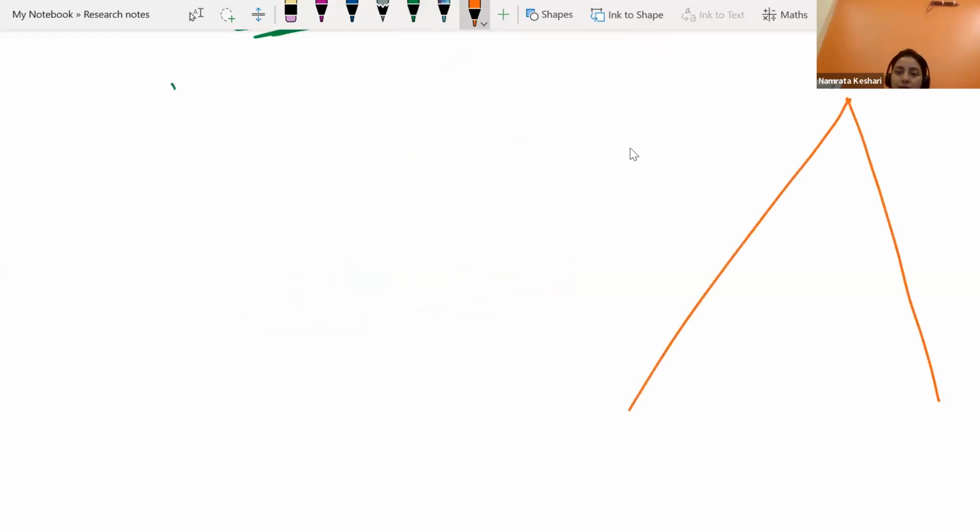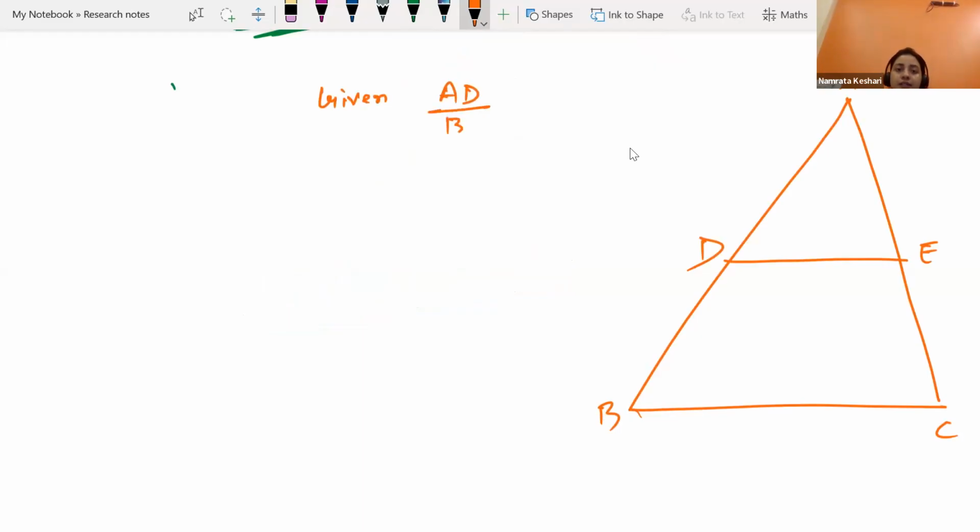We are having a triangle ABC with D and E on its sides. It was given that AD by BD is equal to AE by EC, and we wanted to prove that DE is parallel to BC.